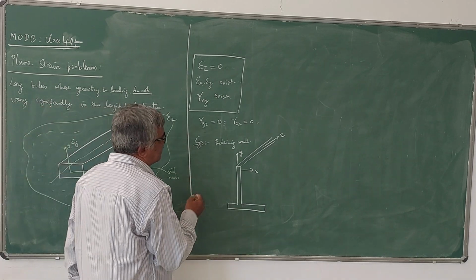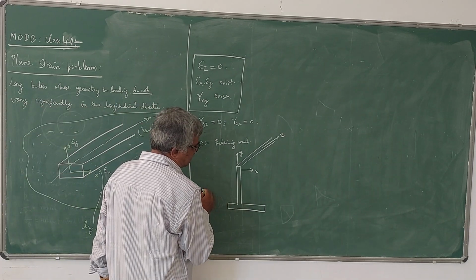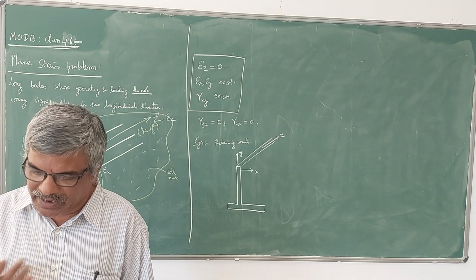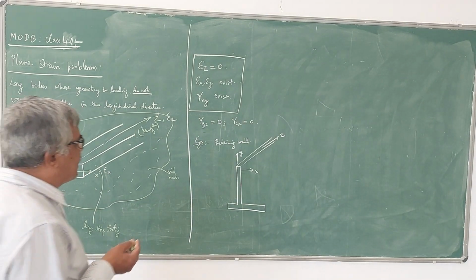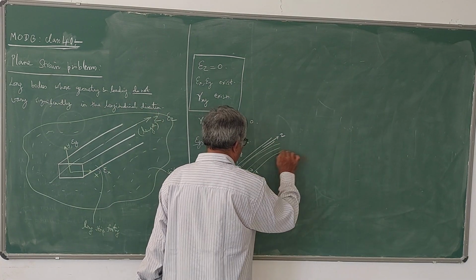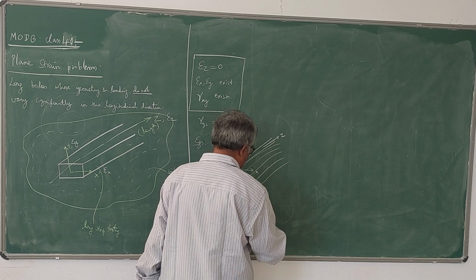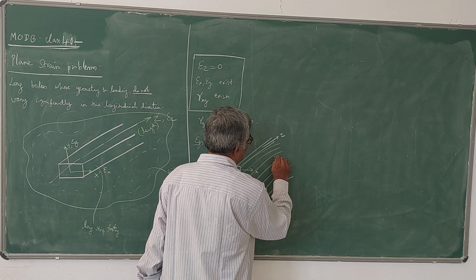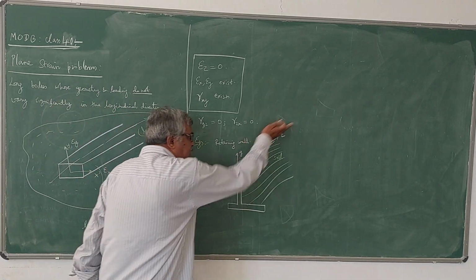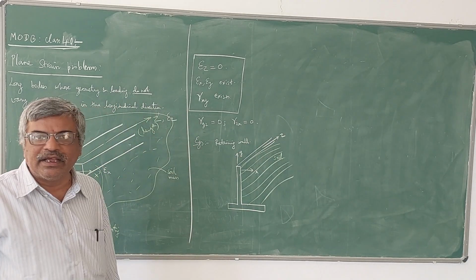Here, the retaining wall will have soil on this side. This soil mass will exert some pressure on the wall. So along this direction, your strain is neglected.